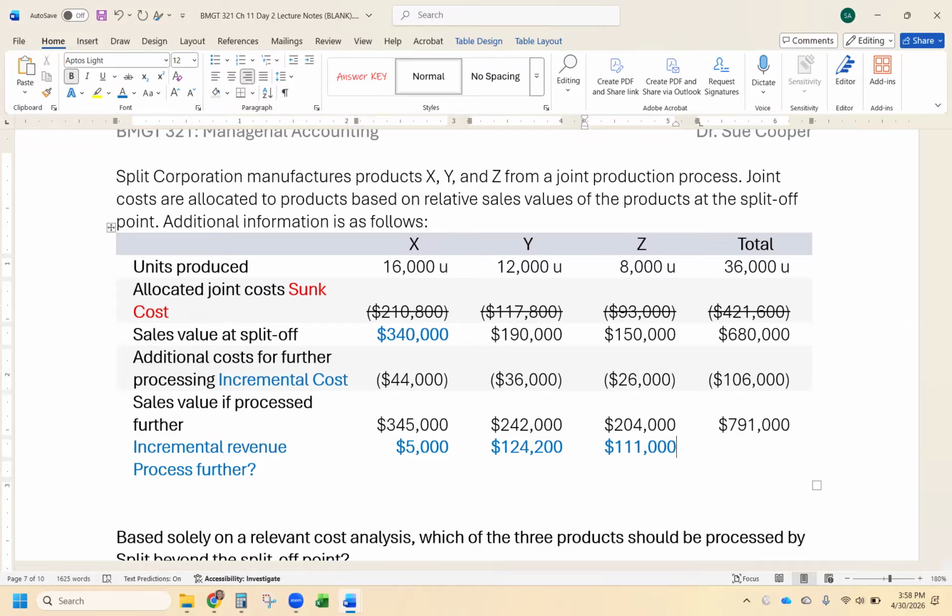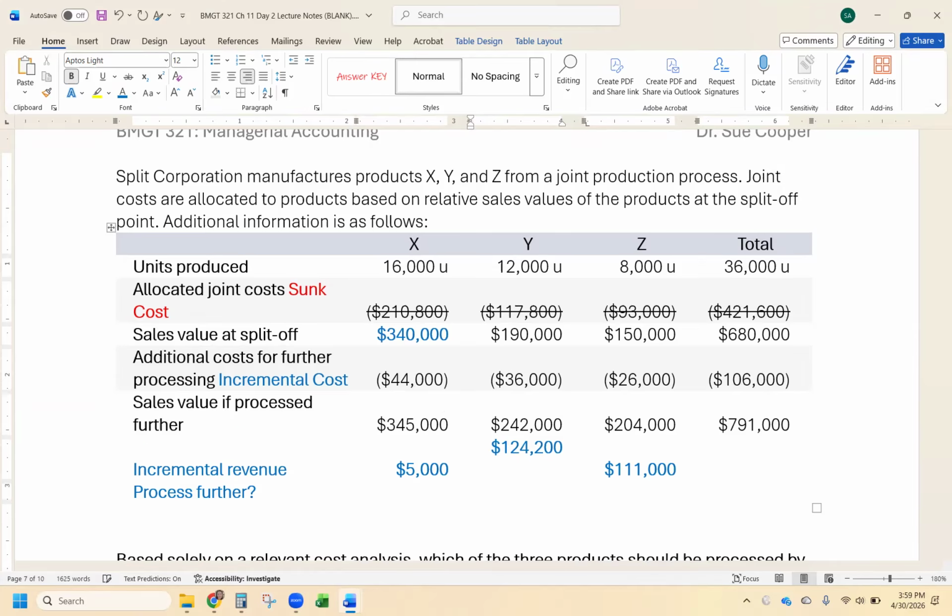For which one? Why? What do you want it to be? 52? Okay, so we have another 52. Z should be 54. All right.